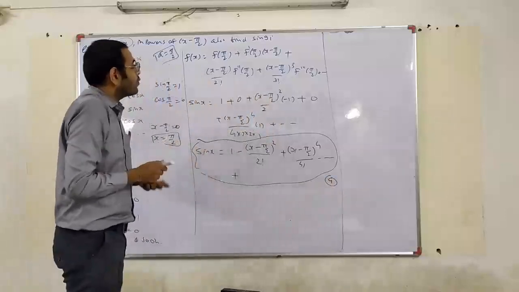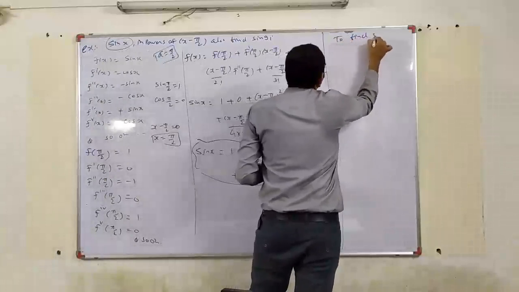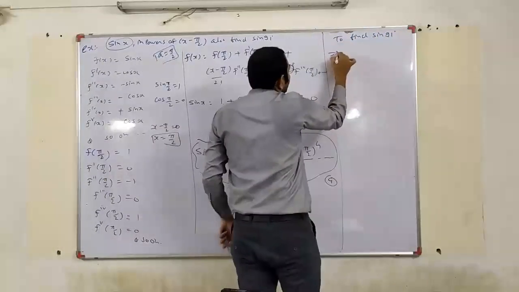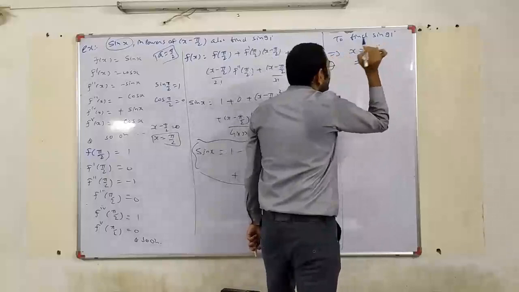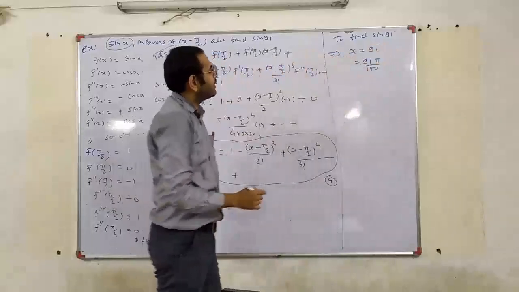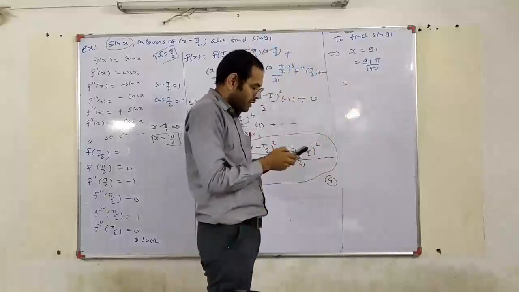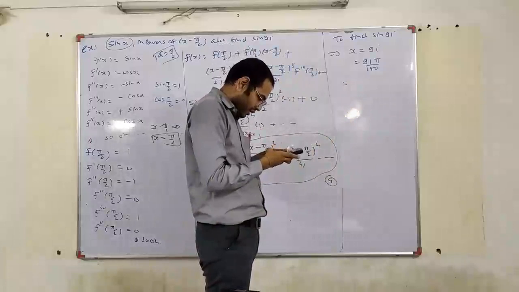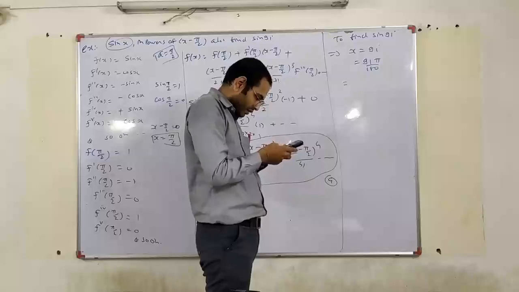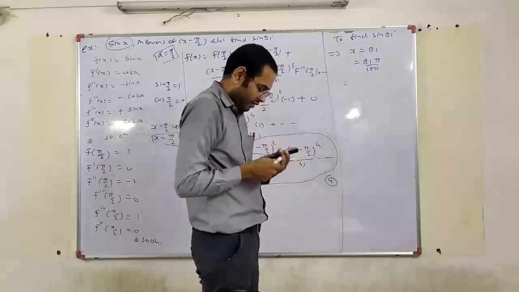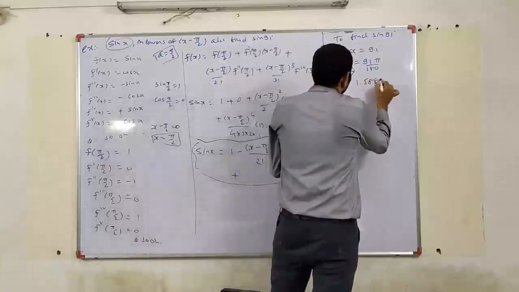Now we have to find sin 91 degrees. To find sin 91 degrees, convert 91 into radian form by multiplying with pi by 180. In the scientific calculator, 91 into pi divided by 180, then we get 1.58825.